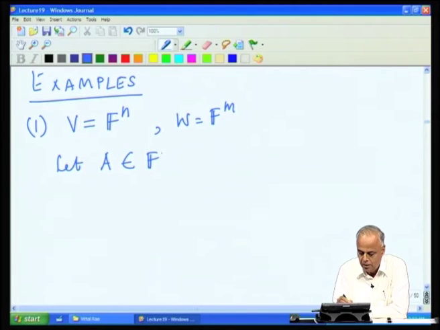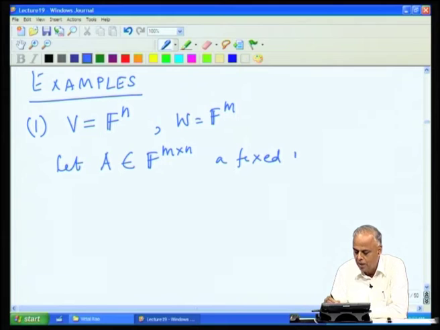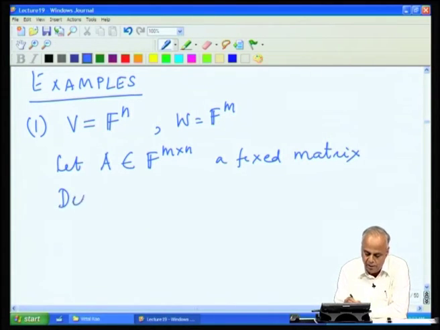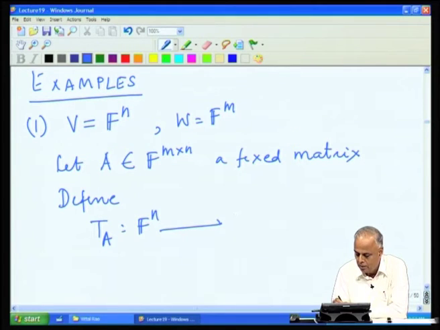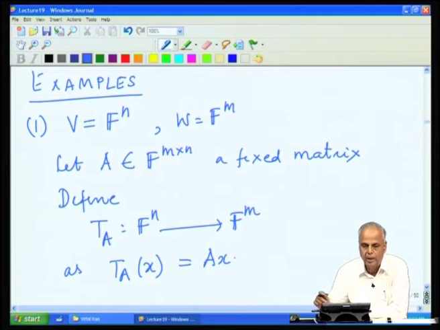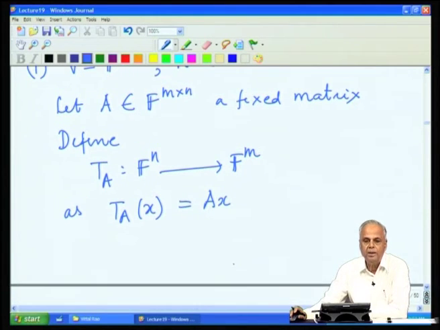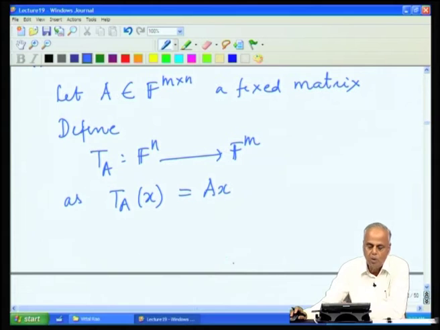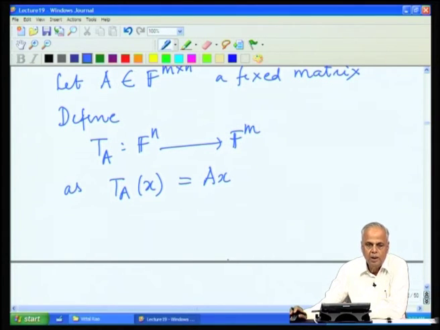So, let us now consider a fixed m by n matrix A with entries in F. Then we define a linear transformation Ta from Fn to Fm as Ta takes any vector x to the vector A times x, and since A is m by n and x is n by 1, the result will be m by 1 and therefore, it will be in Fm.